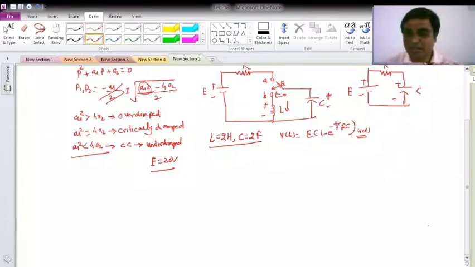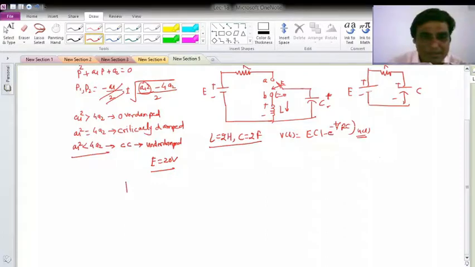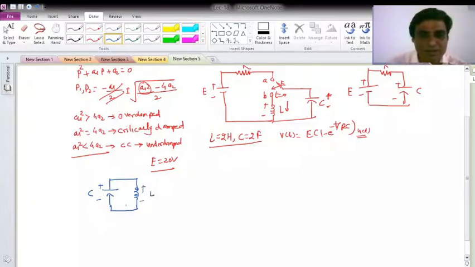Let me redraw the next circuit, with L and C. First let me connect this C, and you can draw it either way, there is no constraint. So this is your C and this is your L. The current direction is my choice; let me assume I is this way. The value of E is 20 volt. Let me write the equation for it.